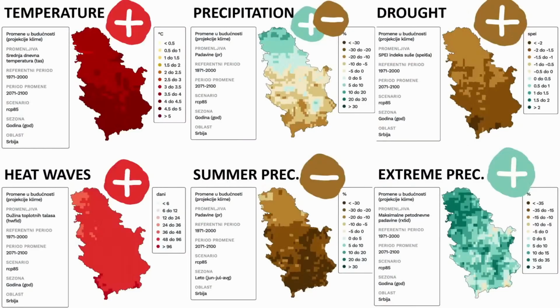So looking into heat waves, we can expect an increase in frequency and intensity of heat waves. Here we can also expect an increase in temperature. We can expect a decrease in summer precipitation. We also had a strong drought this year, and this trend of summer droughts will extend into the future. So in the future, we can expect more droughts like this one and stronger ones.